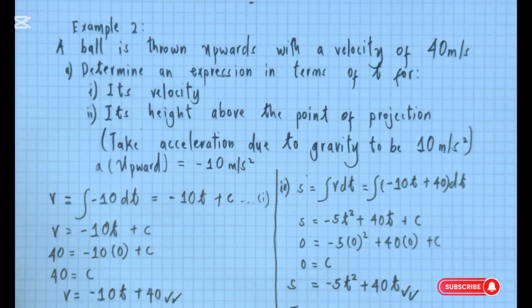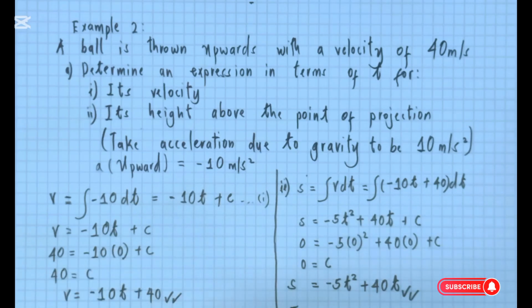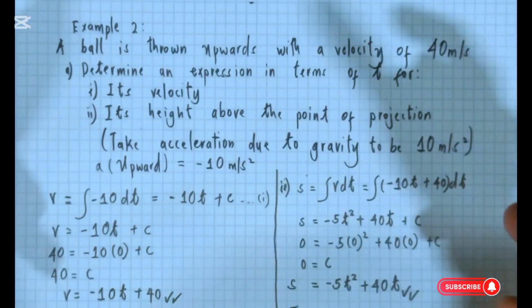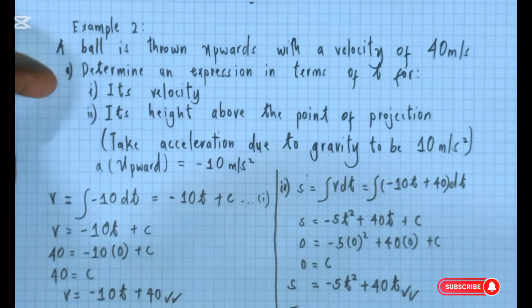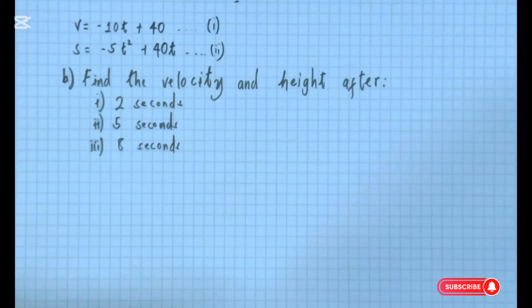And so that will be it for that. We are going to use these values for v and s to solve other problems related to the same question. So this was part A. We're going to part B of the problem, continuing from where we left off.